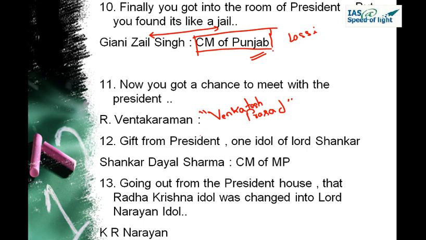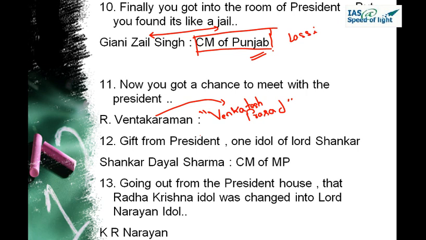So Venkatesh Prasad is sitting with the president there and discussing the bowling strategy. So R. Venkatraman becomes Venkatesh Prasad, and when you went to meet the President, it was Venkatesh Prasad who was sitting with the President and discussing things.